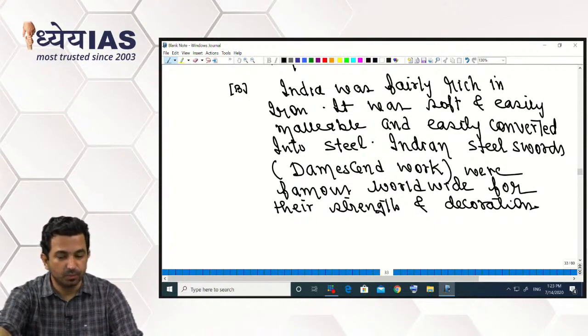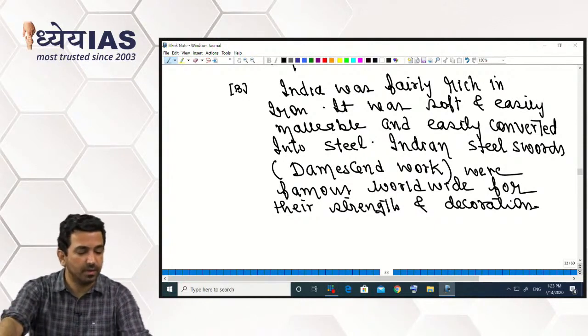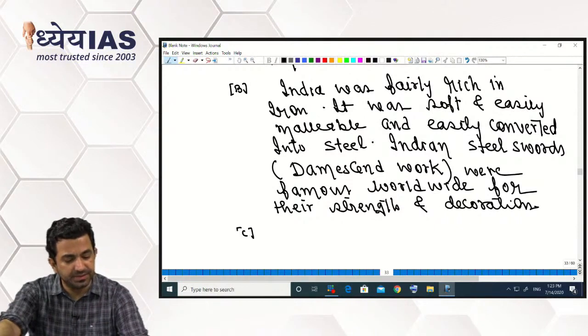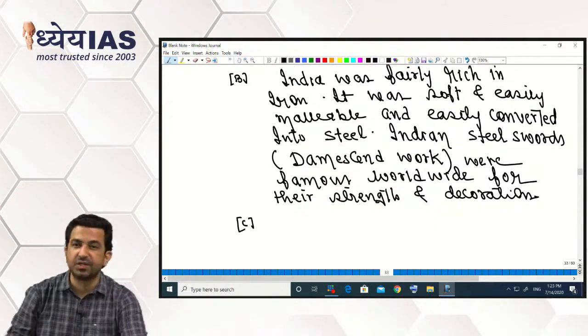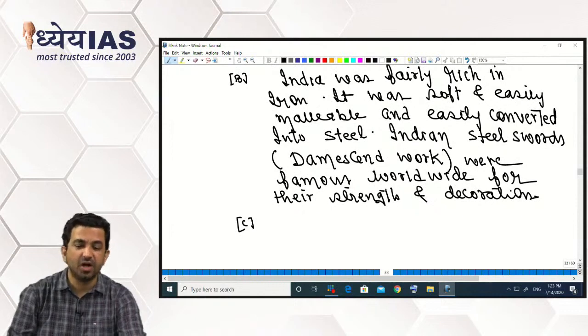So capital B, Indian iron and steel. The Indian iron and steel industry was also in a proliferating condition.